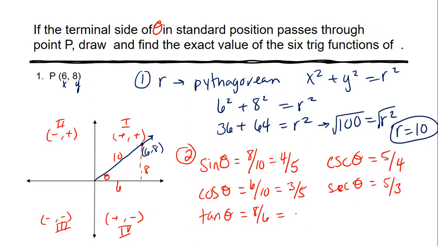What's 8 over 6? That's 4/3. And therefore my cotangent is what? 3 over 4. Now you're done. This is not bad at all. That's it. Well, we have to learn when it's not such pretty numbers.